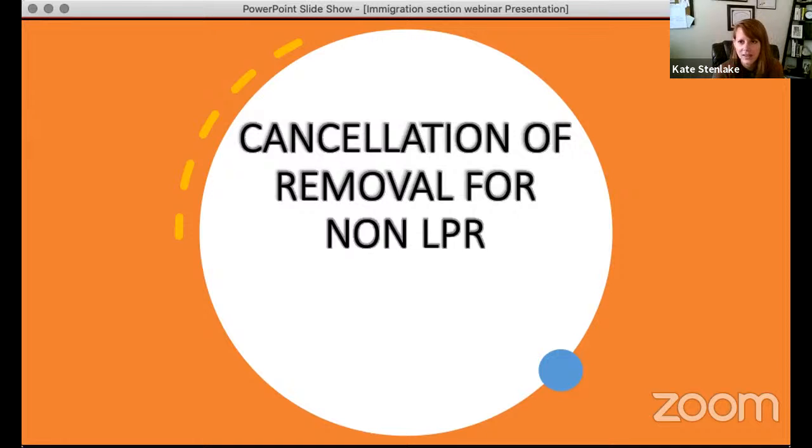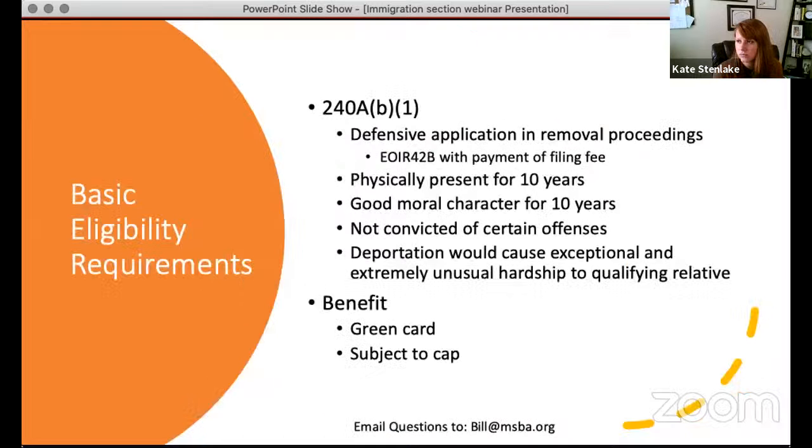So I'm Kate, and we're going to be talking about cancellation of removal for non-lawful permanent residents. Just before I get started, I want to make a clarification that there are two distinct forms of relief. One is cancellation of removal for non-lawful permanent residents, but there's also one for lawful permanent residents.